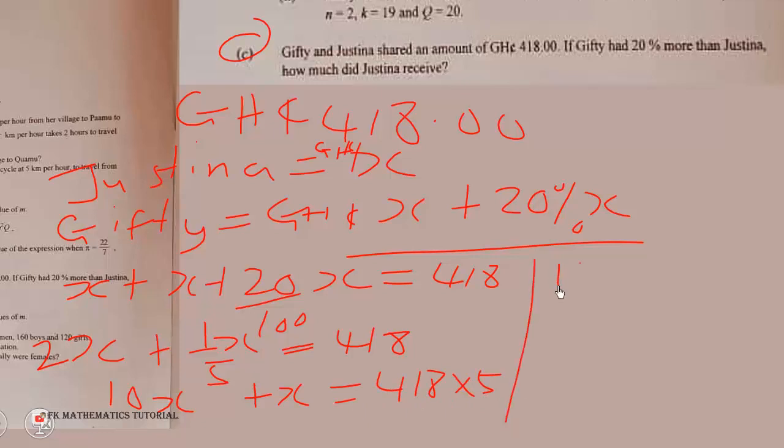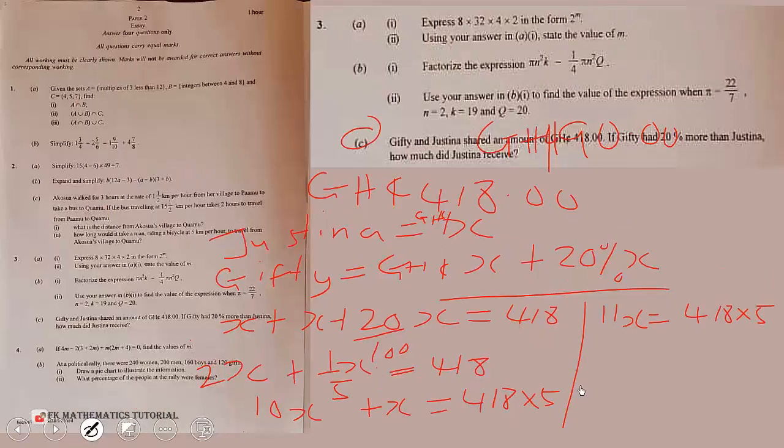So this will give us 11X is equal to 418 times 5. So dividing both sides by 11, we will have 418 times 5/11. This will cancel this.